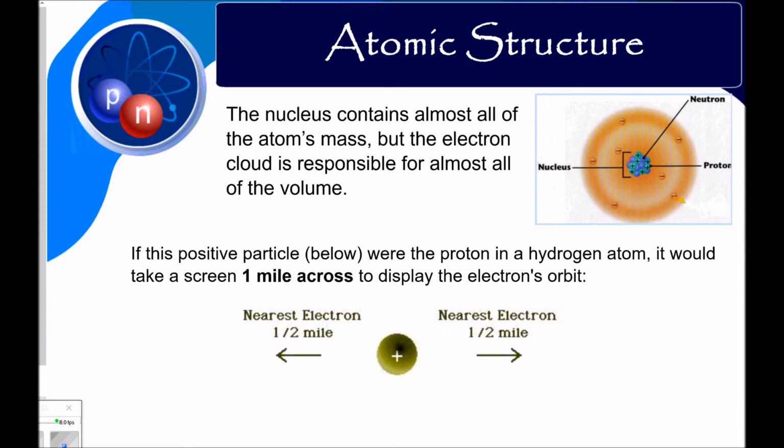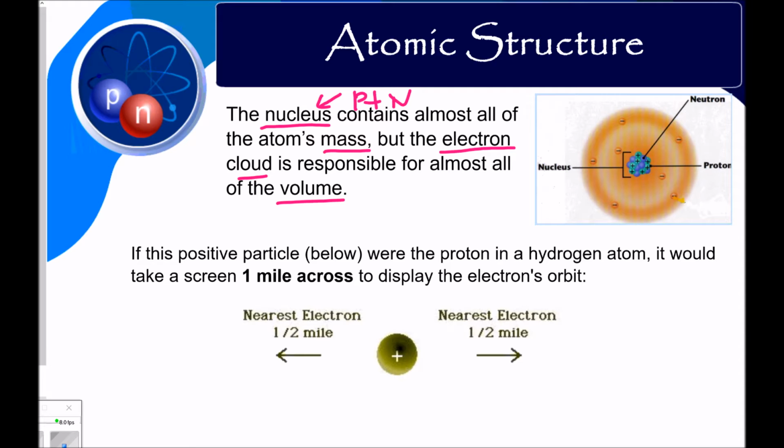Where these different subatomic particles are found is important. The nucleus contains almost all of the atom's mass, but the electron cloud is responsible for almost all of the volume. Now this should make sense to you because the nucleus contains protons and neutrons. These are our heaviest subatomic particles. Now the electron cloud takes up a lot more space, but it contains these really lightweight electrons.